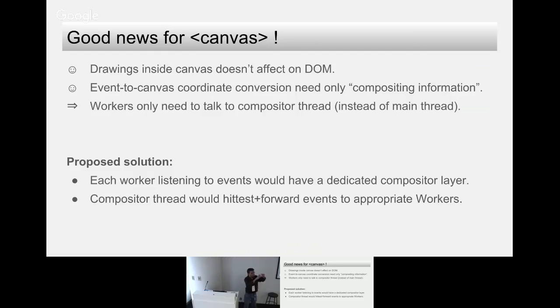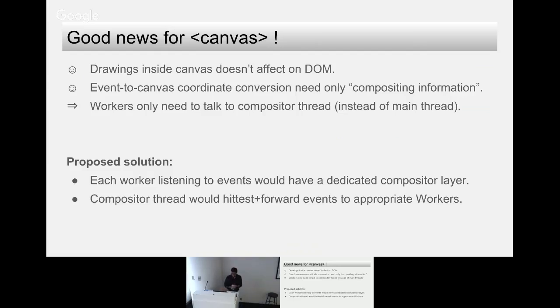If you're drawing on the page, what is the coordinate that matters to the canvas? For that we only need composite information, exactly where on the screen the canvas is, and for that we already have the compositor thread. So workers can directly talk to the compositor thread to get the information and update the coordinates accordingly, and that works easily for canvas.